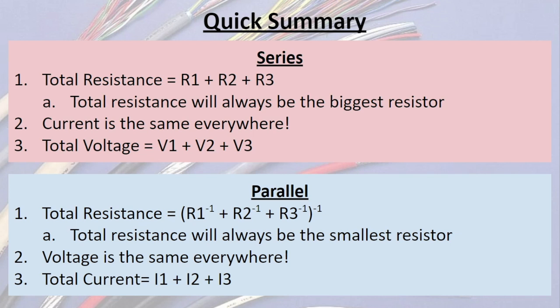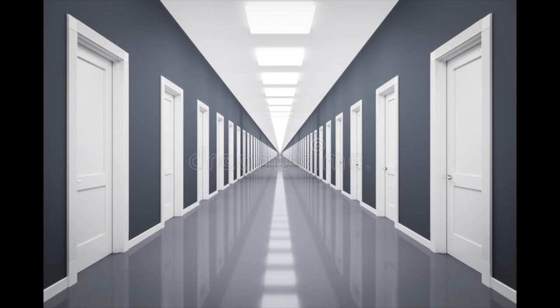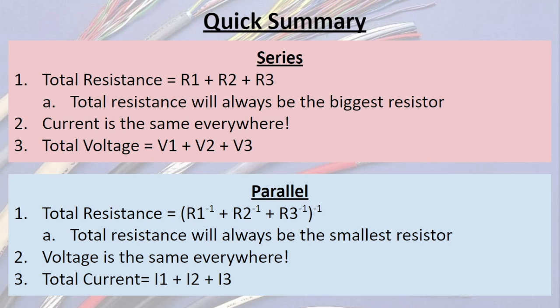Because with parallel, you need more paths in order to have more resistors. Well, we could think of another path as another door opening for that auditorium. And the more paths we have, the more doors we open. What's going to happen as we open up more and more doors? There's going to be less and less resistance, which means that people are going to be able to get out of the auditorium a lot easier.